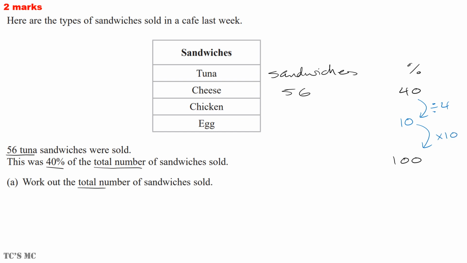We need to do the same on the other side. 56 divided by 4 is 14, and then 14 multiplied by 10. For having all of this written out, we now have 1 mark. For then saying that the total number of sandwiches is 140, we have our second mark.